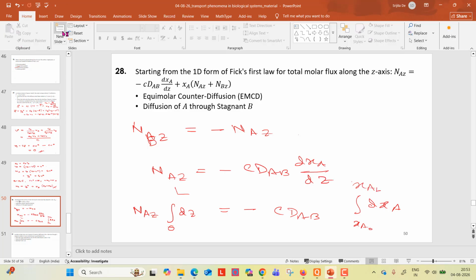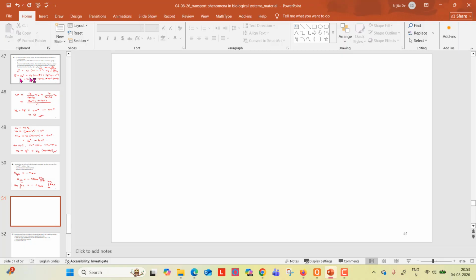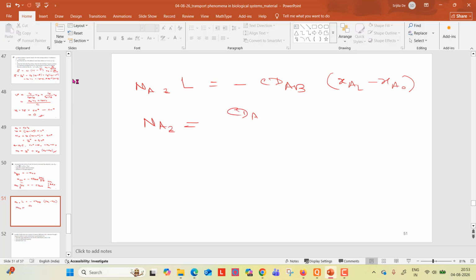It will come as NAZ into L equals minus CDAB into XAL minus XA0, right? So NAZ equals CDAB by L into XA0 minus XAL. This will be your final equation.